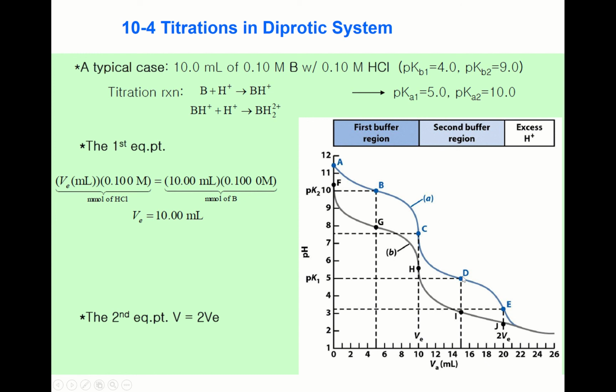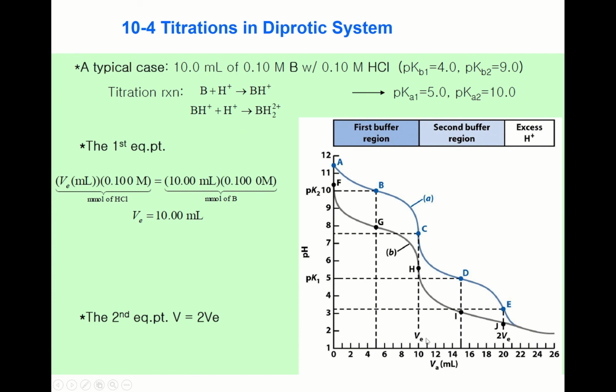And the second equivalence point is simply 2 times the first equivalence point. Why? Look at that. The second reaction is exactly the same as the first one. So the volume you need to complete the second reaction is just twice our first equivalence point.